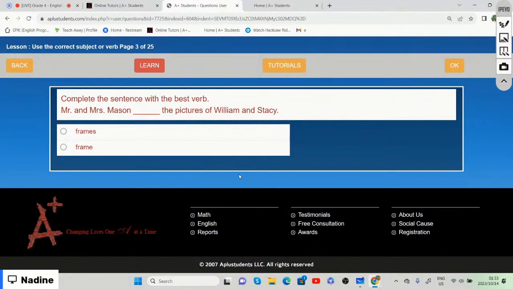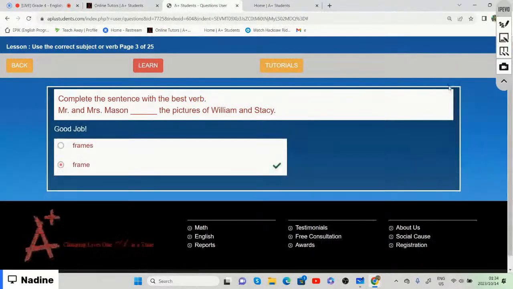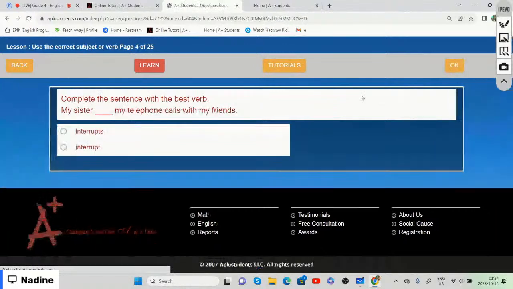So frames the picture or frame the picture? All right, so now we can rather say frame the picture of William and Kate. And frame is correct.